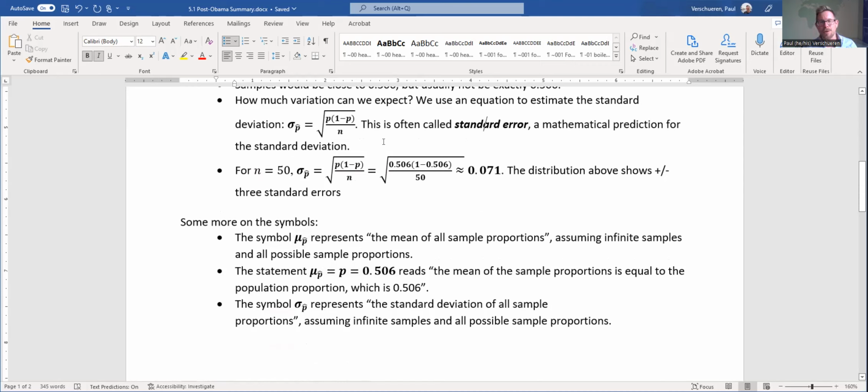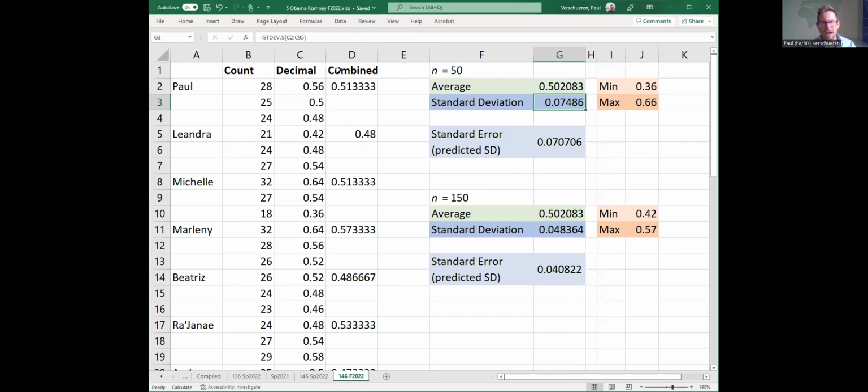So in our case, when we did this, our sample proportions averaged out to be 0.502, but this isn't just our class. It would be if infinite sample proportions were collected, those should average out to be exactly the population proportion.